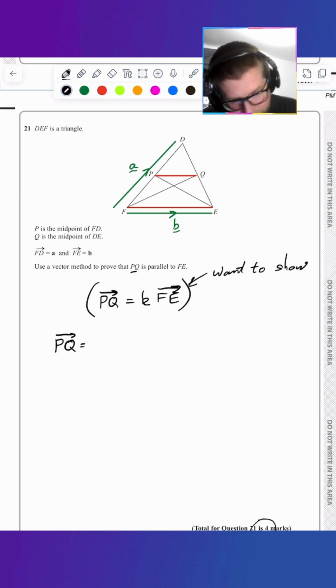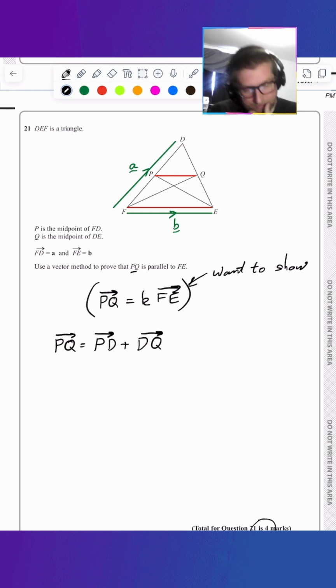So P to Q. Let's try P to D, and then D to Q. And we want everything in terms of A and B. Okay, so this is going to be the awkward part, isn't it? D to Q, we don't have a vector for D to Q. P to D, well, we were told in the question that that part is equal to that part. So P to D is just halfway along this side of the triangle. So it's half of A. DQ, we don't quite have enough information yet, but we're going to have to use the fact that Q splits D and E in half.